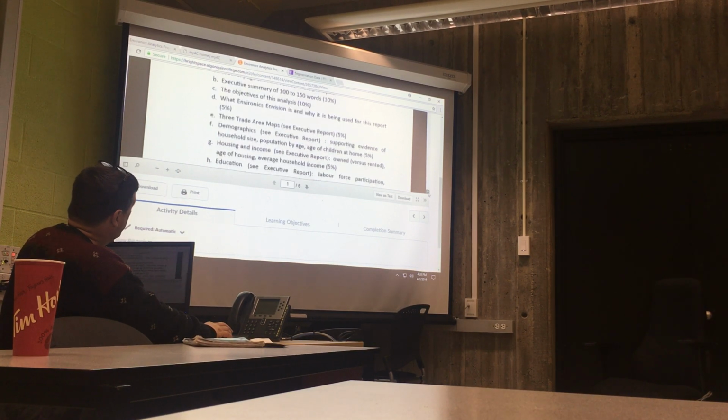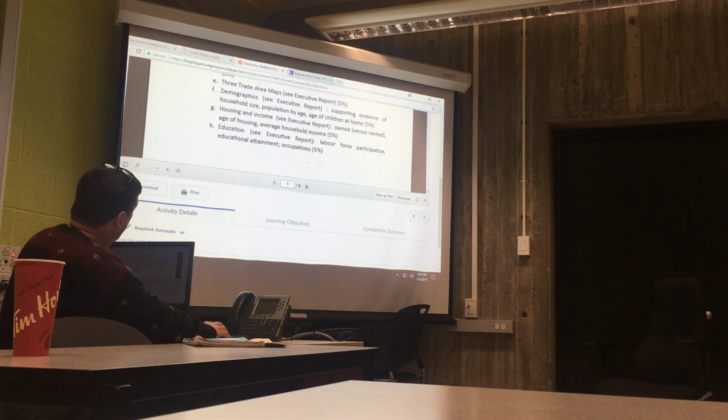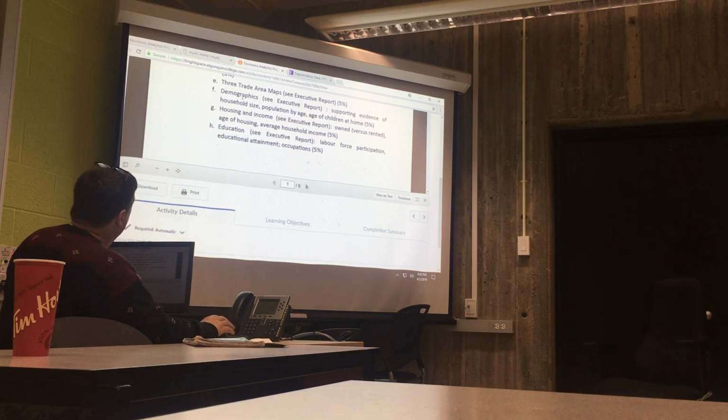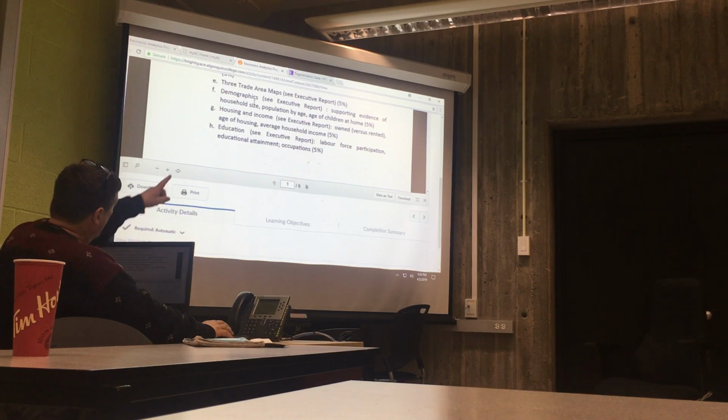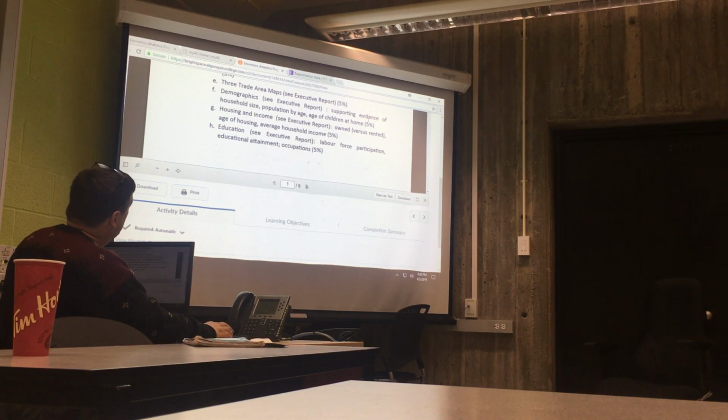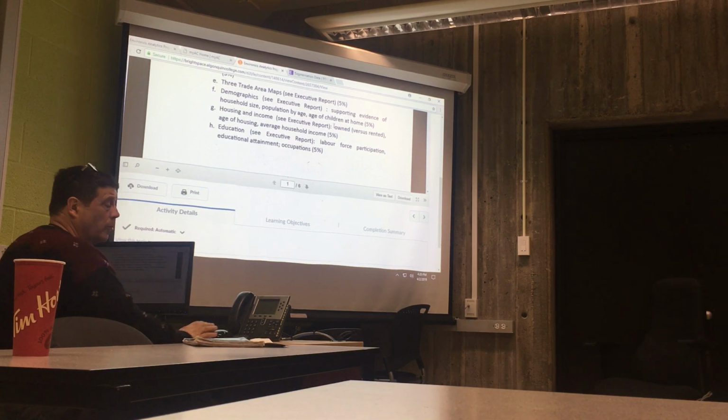The 3 area trade maps from the executive report will give you a map of the area that you're measuring. The demographics, these 3 is what I'm interested in. Again, you run the executive report, the demographics for your area, and provide supporting evidence of household size, population by age, children at home.